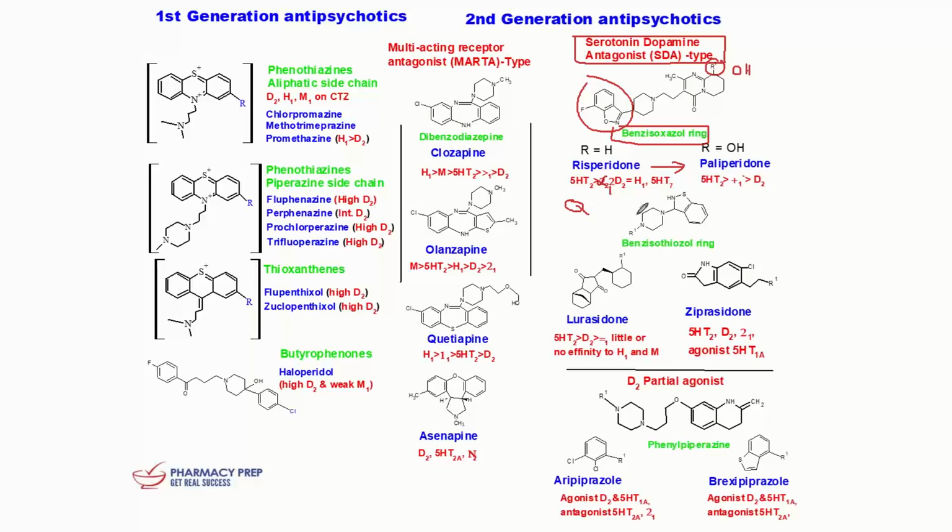A question on risperidone can potentially come about its effect on dopamine. It does lower dopamine, especially on tuberoinfundibular pathways. Lowering the tuberoinfundibular pathway means it increases prolactin levels, so it is known for galactorrhea. Galactorrhea means increased prolactin levels.